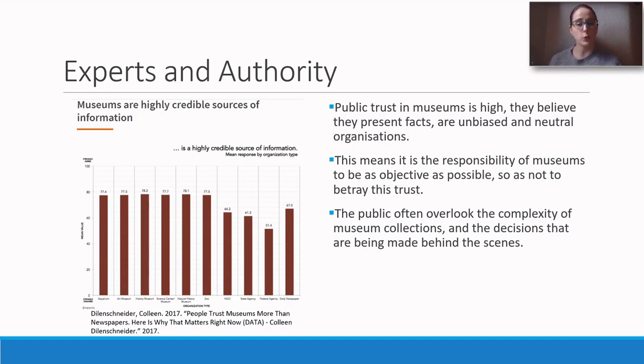Museums were significantly more trusted as credible. And that's very important to consider when you're writing your interpretation, because it's then your responsibility to maintain and earn that trust. It shouldn't be exploited. Everything you say should be well sourced in order to ensure that we're not exploiting what's already there from the public. So all these things affect what and how museums write their interpretation.